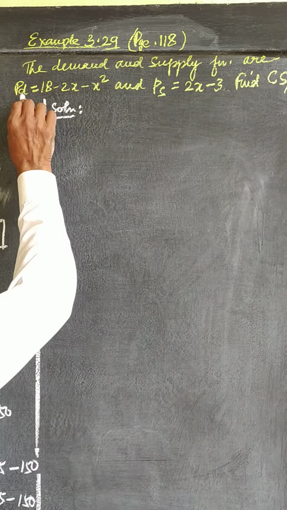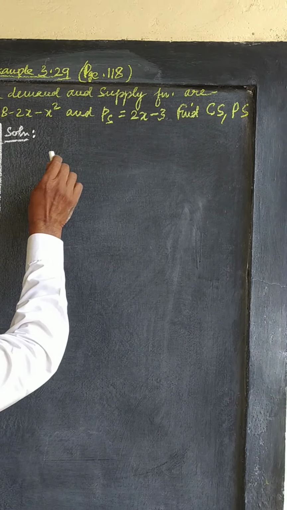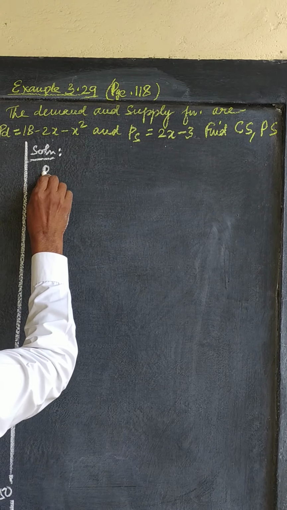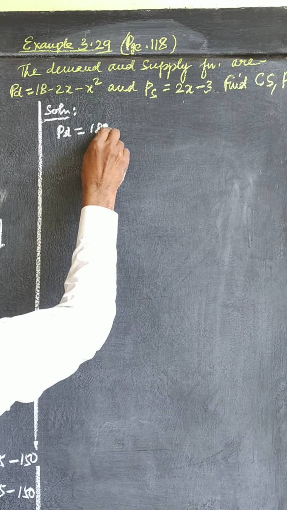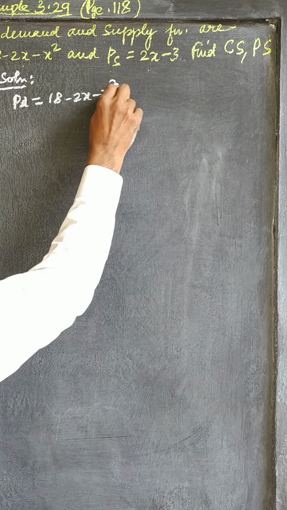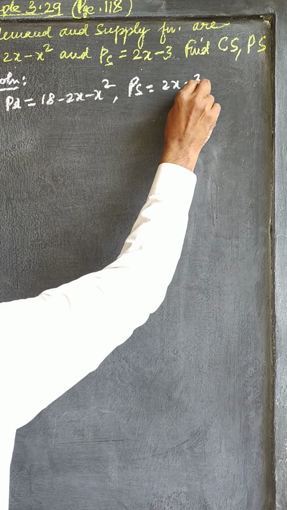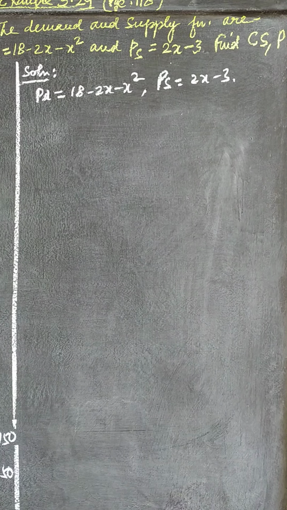Now, in the problem, the demand and supply functions are given as PD and PS. PD is given as 18 minus 2x minus x square. PS is given as 2x minus 3. But here you are not given x naught and p naught.